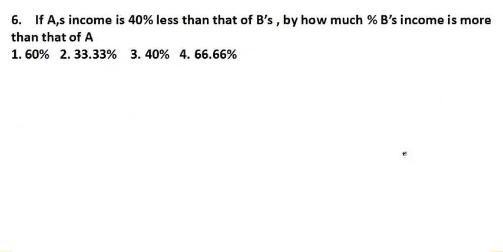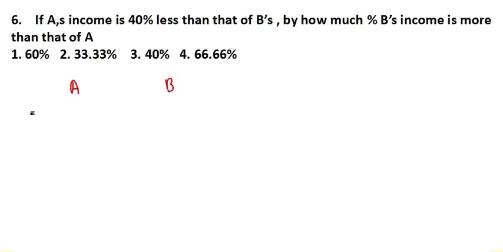If A's income is 40% less than that of B, by how much percent is B's income more than that of A? Look guys, here it is A and this is B. It says 40% less.